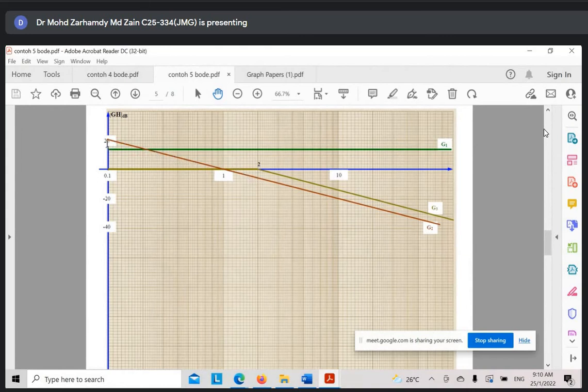So jadi nak tak nak kita pun ambil lah color lain, gariskan sini sampai sini. But after 2, okay, after 2 we have two line, we have two gradient. One gradient is represent as negative 20, one gradient is represent as negative 20 juga. Jadi maksudnya kat sini kita ada negative 20, negative 20. Jadi nak tak nak kena combine dua ni untuk jadikan negative 40.